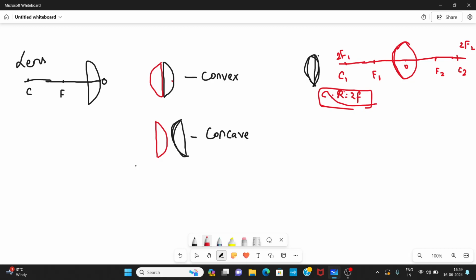And how will the optic centers and focus points be on a concave lens? Same. A concave lens is represented by this type of representation, and this is also going to have an optic center, a point f1 and a point f2, and 2f1 or c1 and 2f2 or c2.